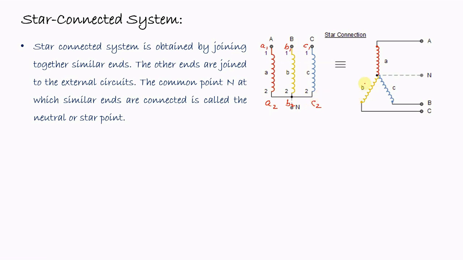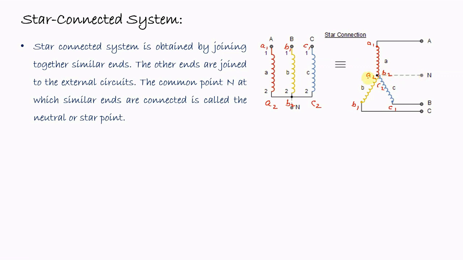So if we draw this figure separately, the star connected system will look like this form, where A1 and A2, here it is B1 and B2, and here it is C2 and C1. The A2, B2 and C2 are joined together, and this point is considered as the neutral terminal or the neutral point.